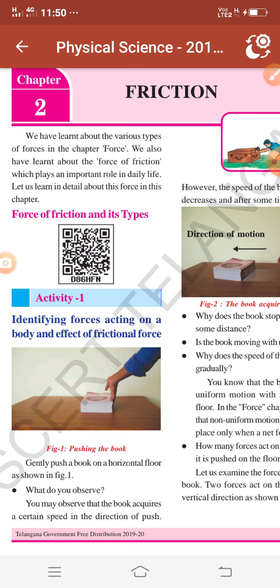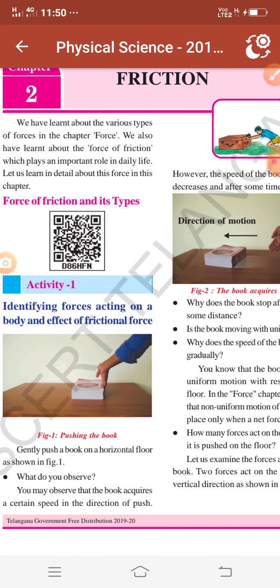Activity 1. Identifying the forces acting on a body and the effects of frictional force. Children, observe figure 1. What do you observe? A book is present on a table. Now we apply a force on that book. What will happen?